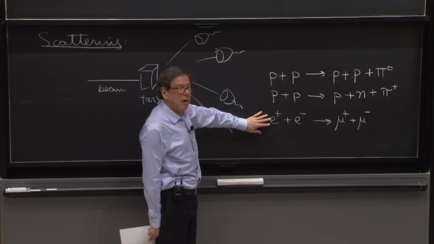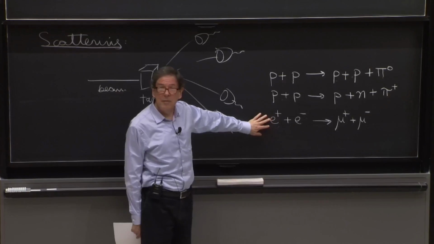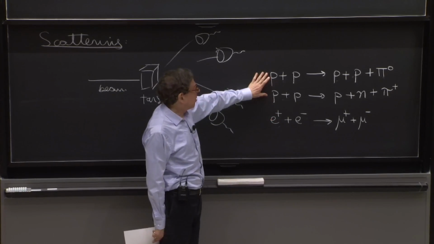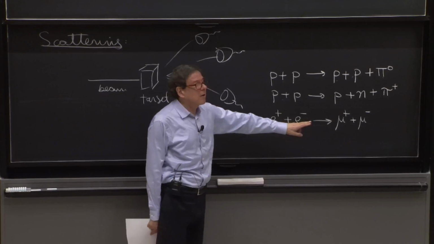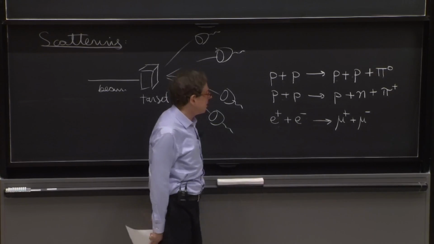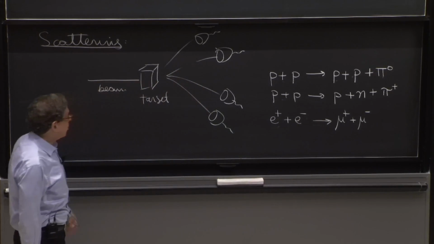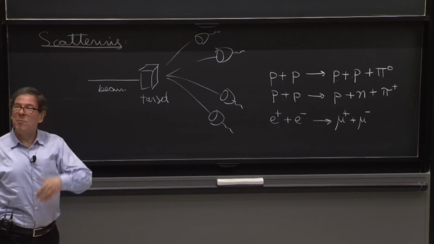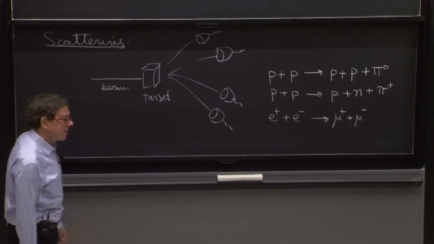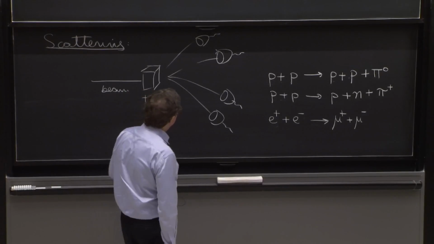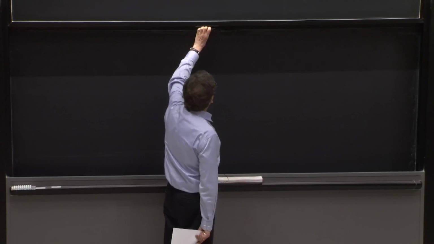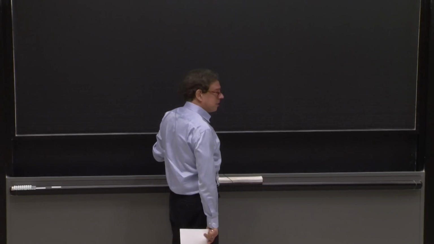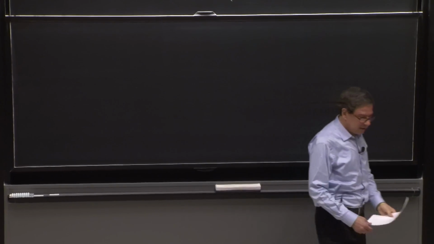These particles are, as far as we know, elementary. These particles are made out of quarks. And in this case, you have a complete change of identity. The original particles have disappeared and new particles have been created. And you can look forward to study these processes as you continue your studies of quantum mechanics.